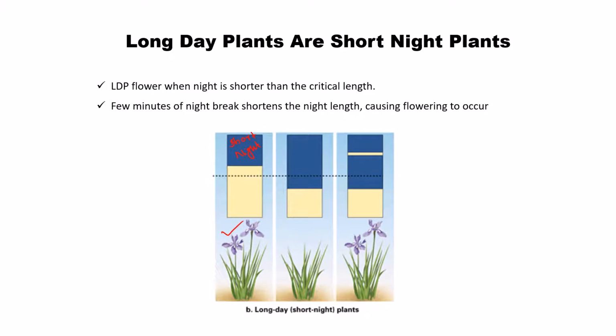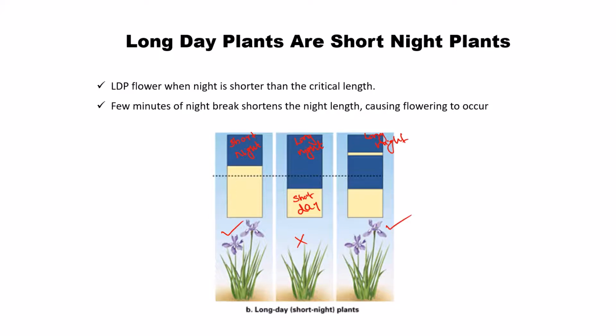Here the night is long. Long night and short day. So here the night is long, that's why there is no flowering. And here you can see that this is a long night, but here there is flowering.